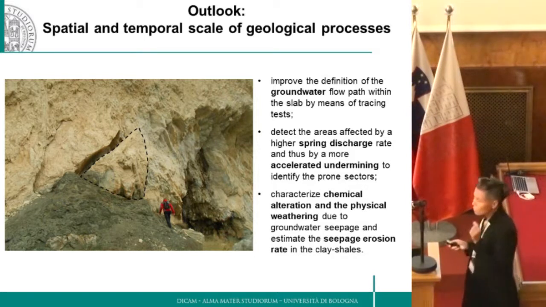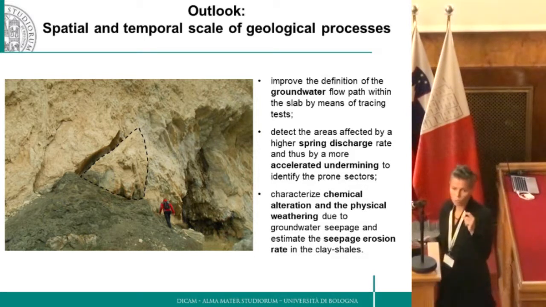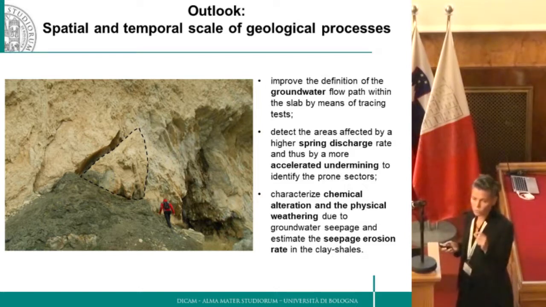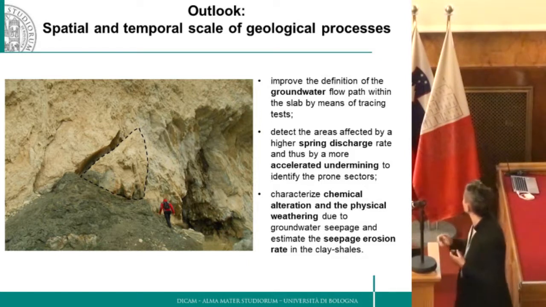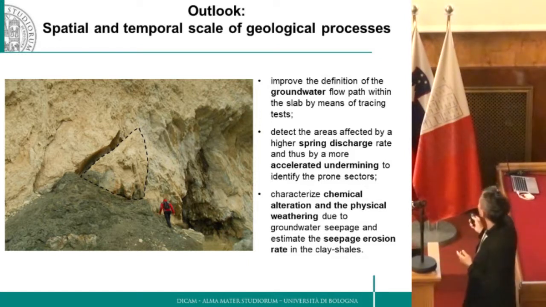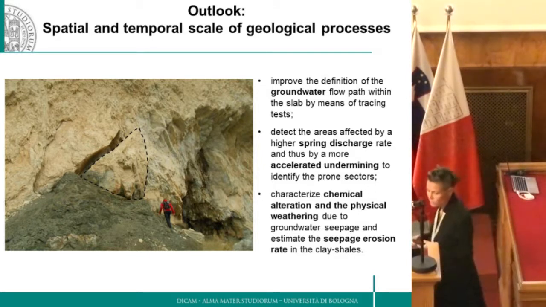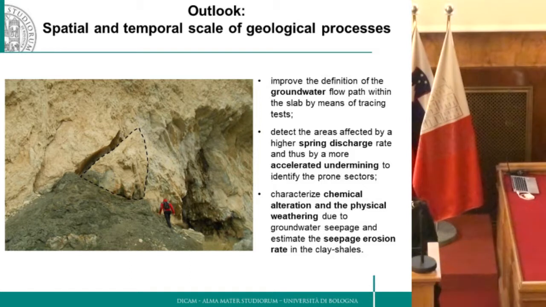And also we want to measure how long it takes to have the caves developing. So we want to measure the erosion rate. And this is a Slovenian colleague trying to have a look at what happens at the base of the San Leo rock mass.